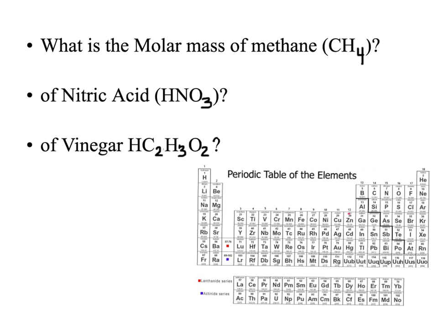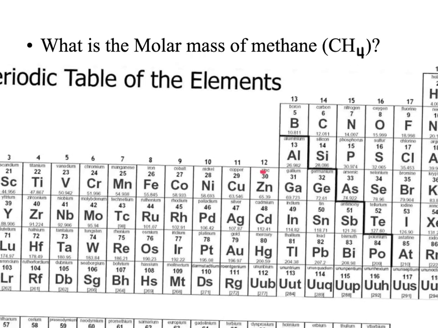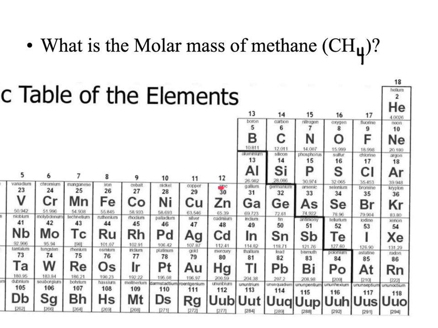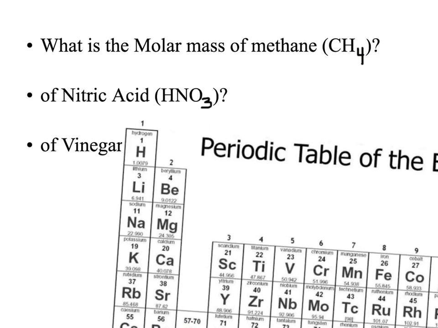All right, a couple more problems. So our next one asks what the molar mass of methane is. So we can go to our periodic table and put it over here. And we can look up the individual parts of methane, carbon, and 4 hydrogens. So carbon weighs 12, so that's 12, plus hydrogen, if we go back over here, weighs 1.